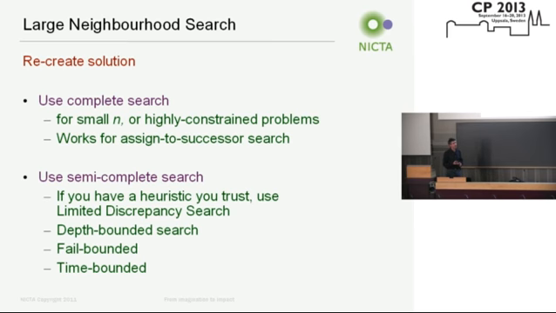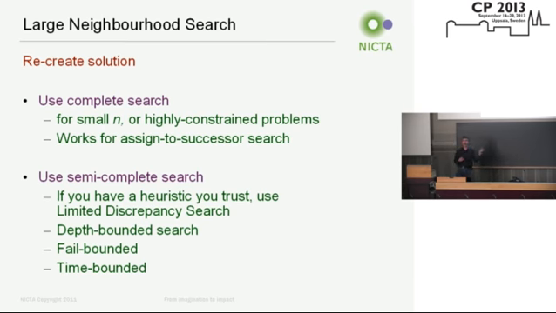Two possibilities, or three possibilities really. One is complete search. And the nice thing about complete search is if I'm using that successor one that I first talked about, I can use just the simple successor. If I'm going to explore the entire space anyway, I use the successor. I don't need to worry about that inserting in the middle trick that I just talked about. So if I've got a very small problem, say I only destroyed a dozen visits from my solution, I can use complete search to recreate the solution.